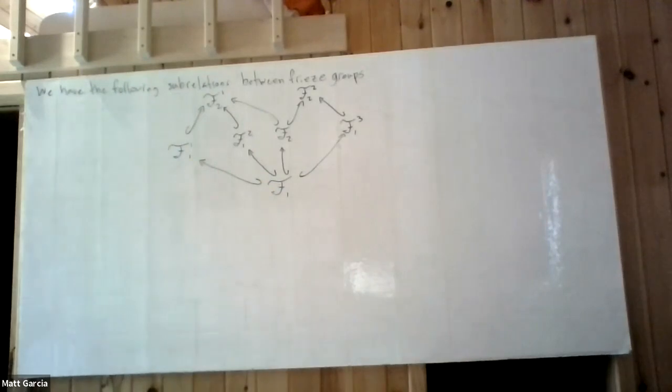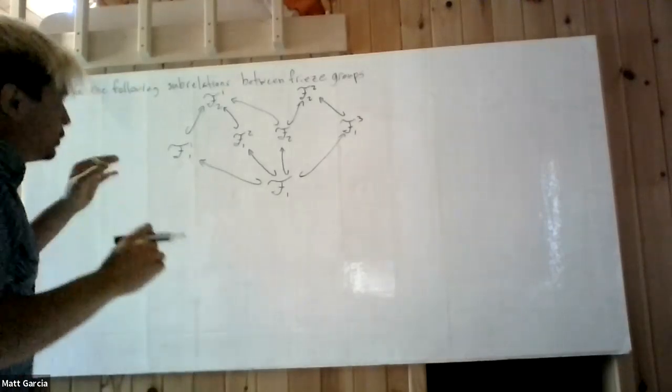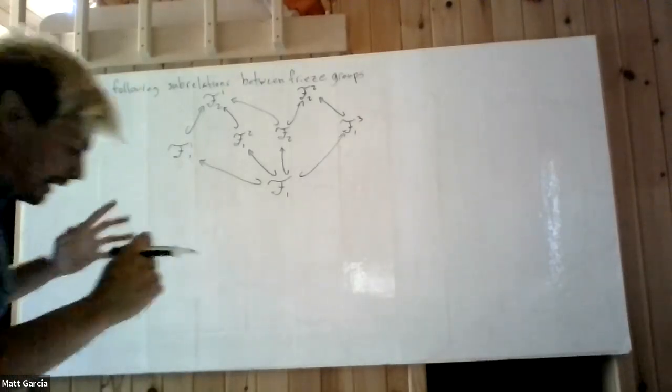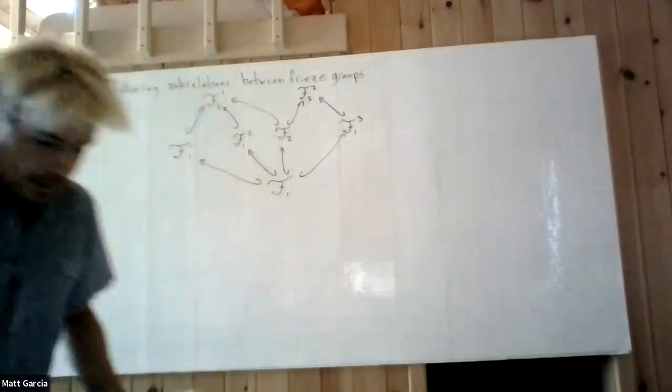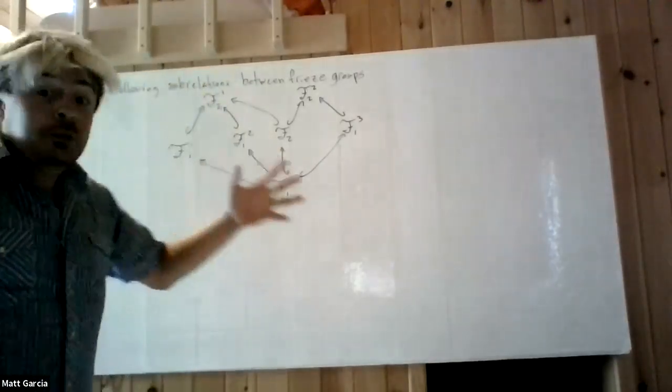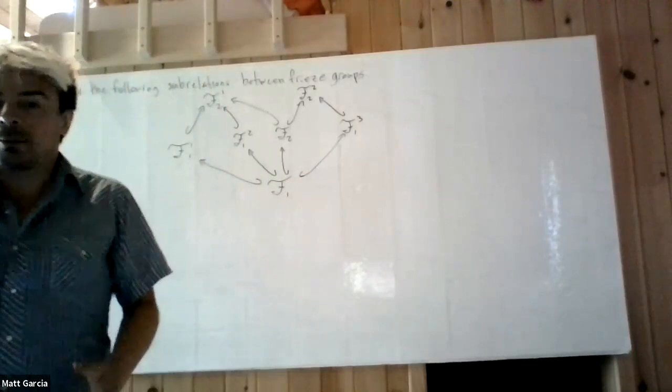So this is the kind of result. This sharp finite classification result is the brass ring in a lot of contexts in mathematics, right?